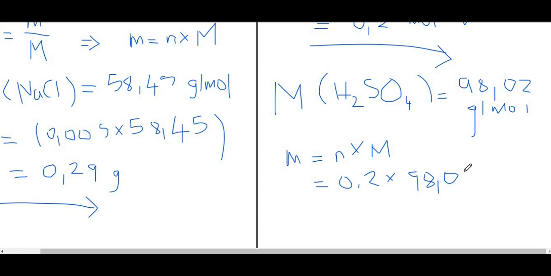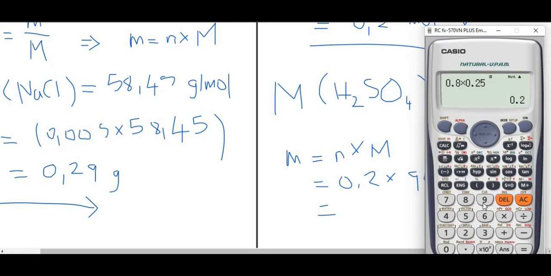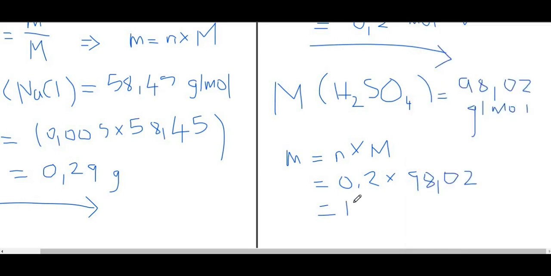Put that on your calculator. Let's see. So 0.2 multiplied by 98.02, how much is that? And it says it's 19.604 grams.